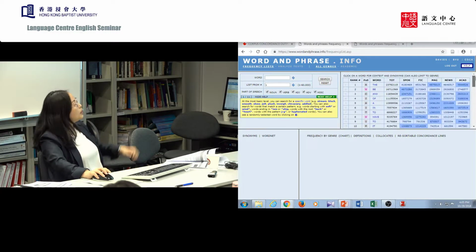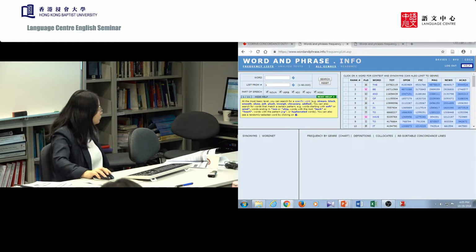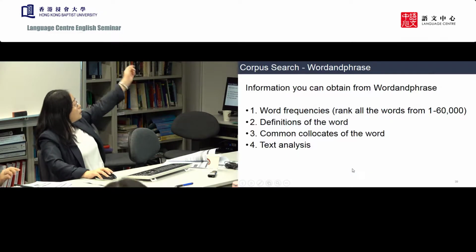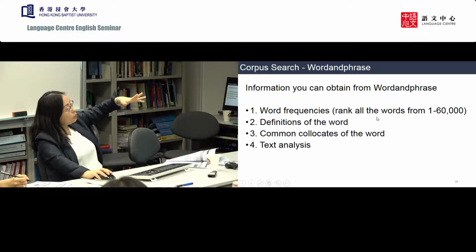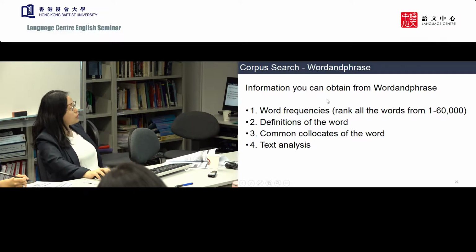So you get a lot of information from this website. All the corpus data is taken from COCA. You can obtain different types of information from words and phrases, word frequencies, ranking all the words from 1 to 60,000, and the definition of the word.